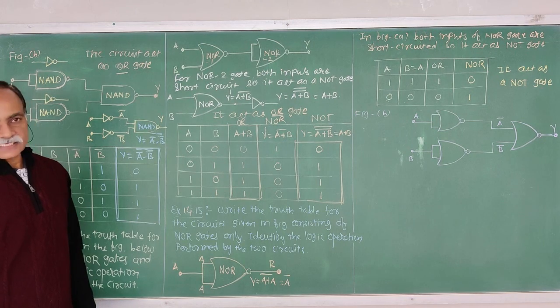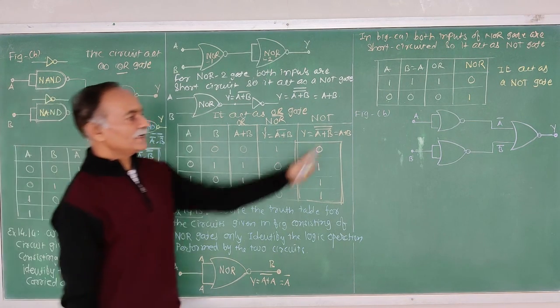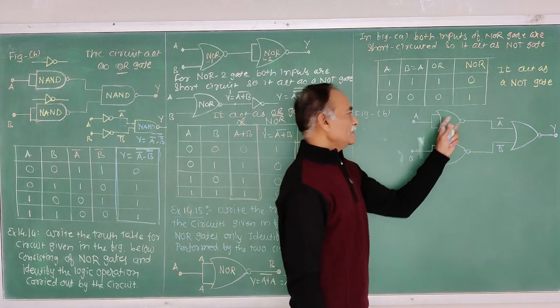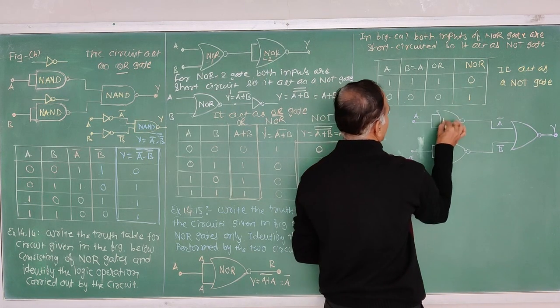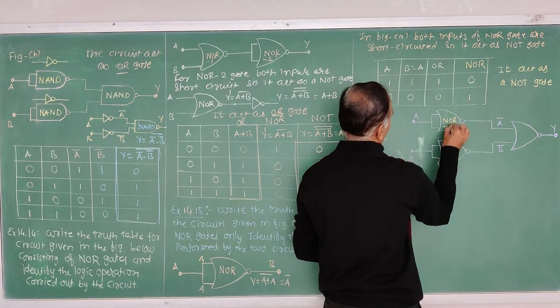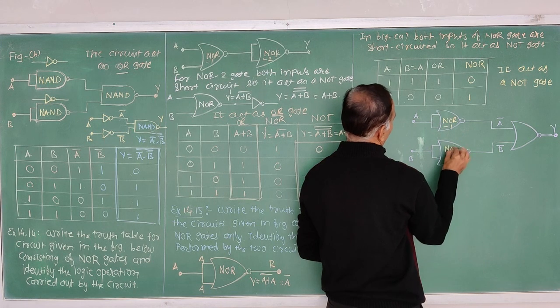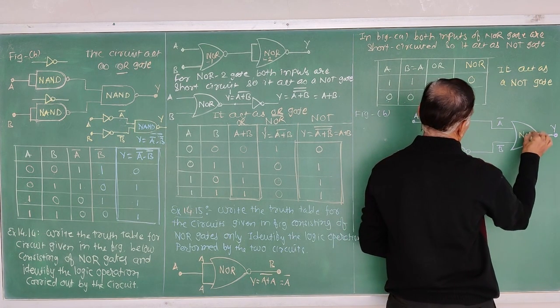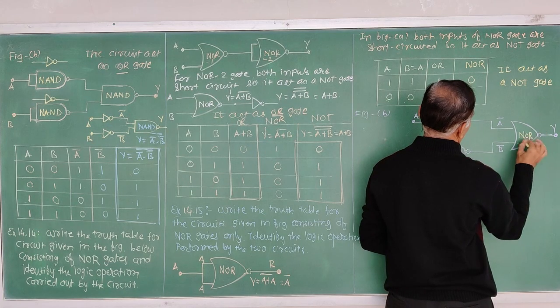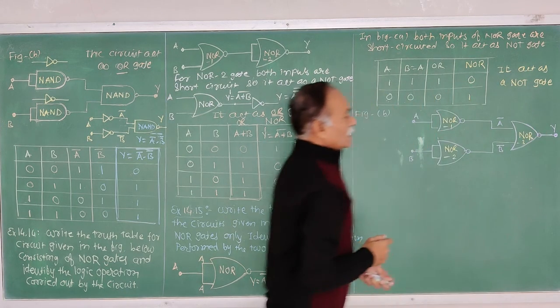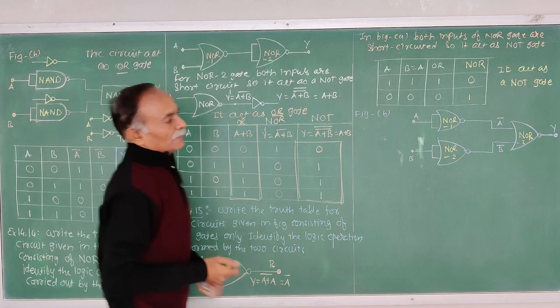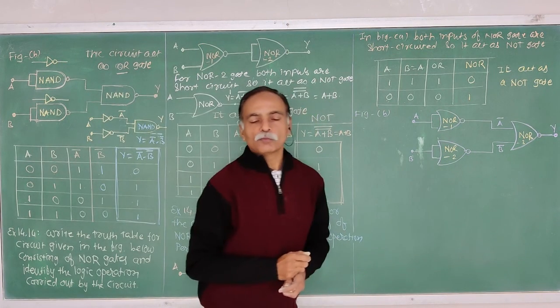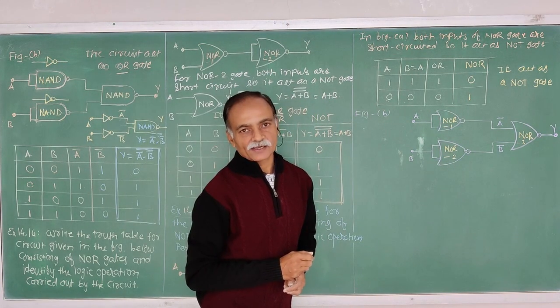Now after that, the last, that is figure B. Here three NOR gates are given: NOR gate 1, NOR gate 2, and NOR gate 3. Now listen, for NOR gates 1 and 2, both inputs are short-circuited.